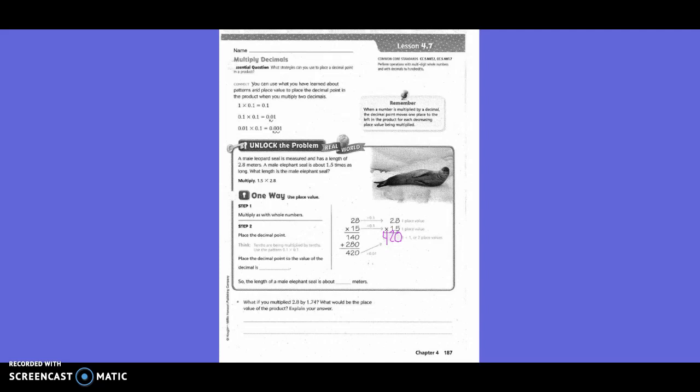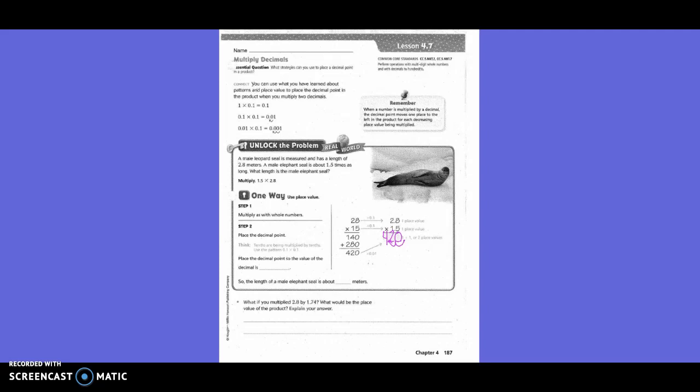You have 1 in 2 8/10, and you have 1 in 1 5/10. So how many place values? 2, right? So I'm going to now move my decimal over 2 places. So place the decimal point so the value of the decimal is, how many did we move it over? 2, so that shows 4 and 20.